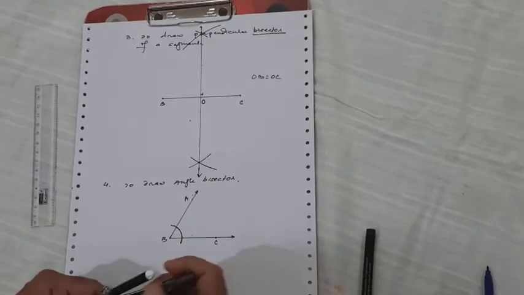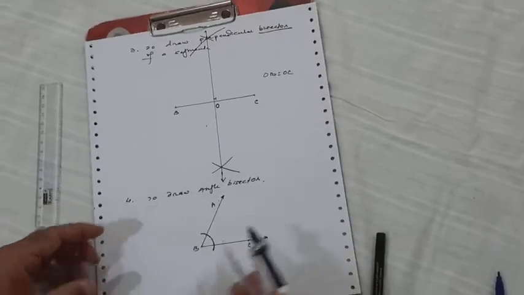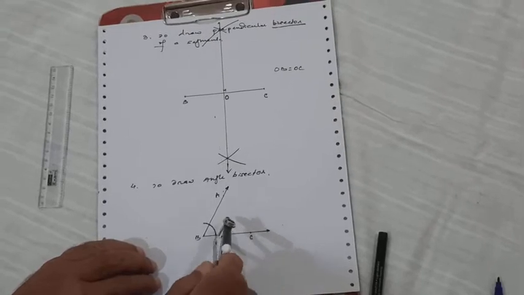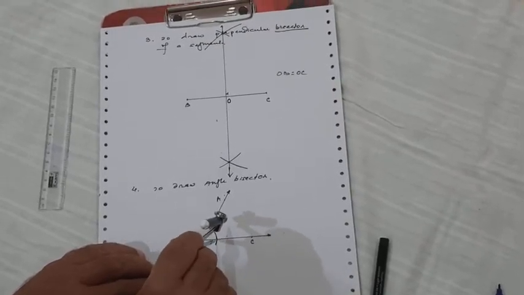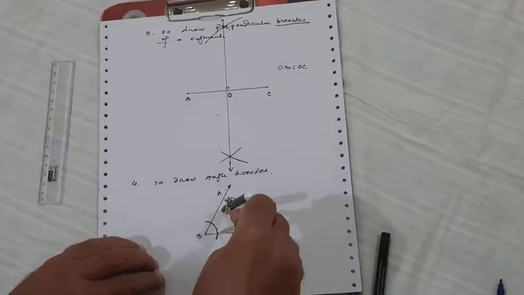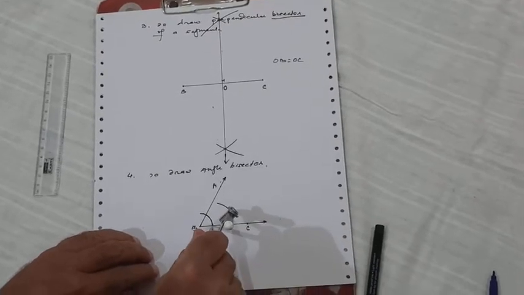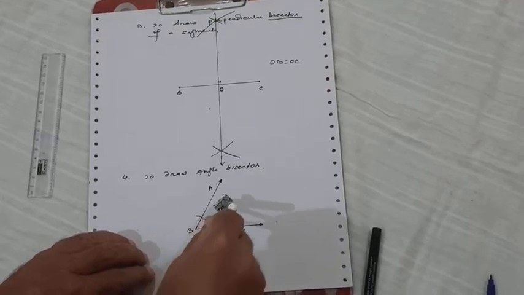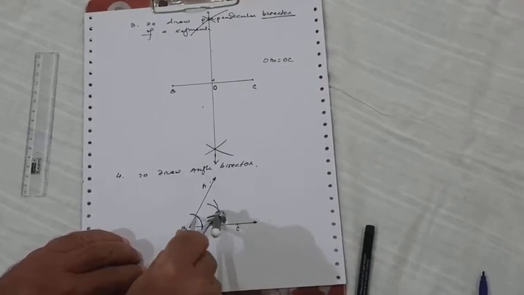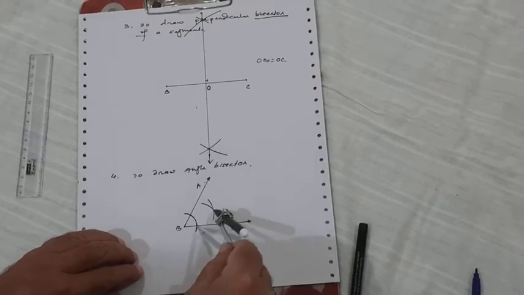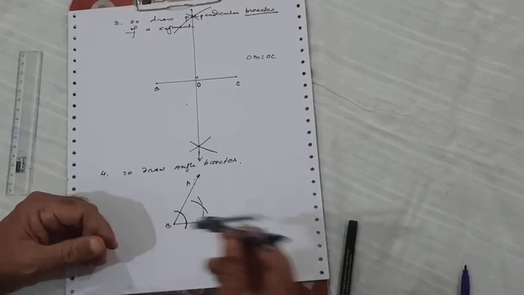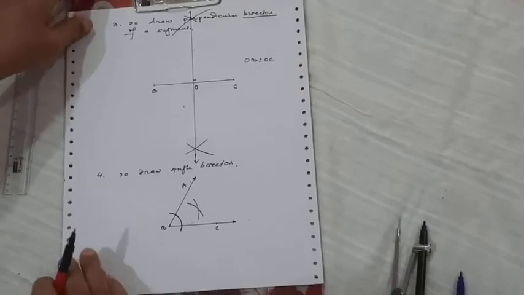Now you get these 2 points. From these 2 points, take some more suitable distance, keep at one point of the intersection of the arc and draw an arc in the middle of the angle. And from the second point, again you cut the given first arc. See that these 2 arcs, your pencil should be sharp so that you will get the sharp points.